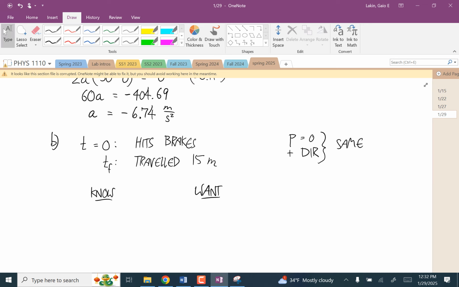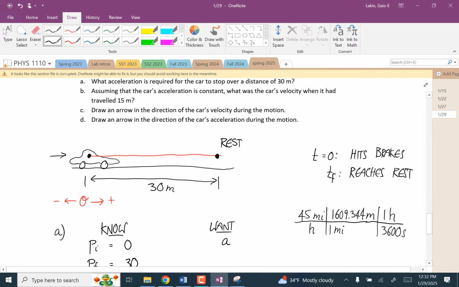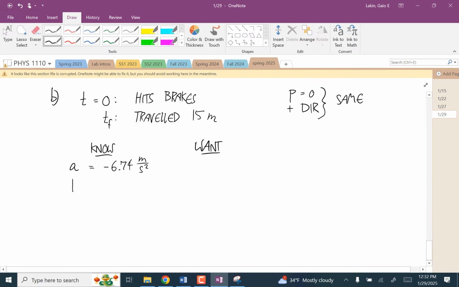We do know the acceleration. We just figured that out. So the acceleration is negative 6.74 meters per second squared. The initial position, we still know is 0. I'm still using the same position equals 0 location. P final.